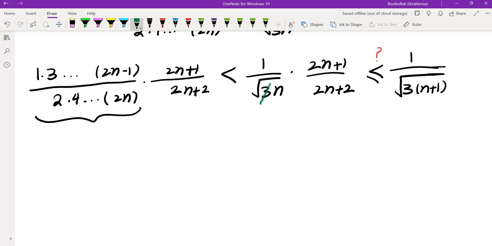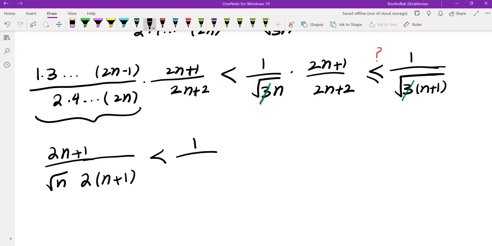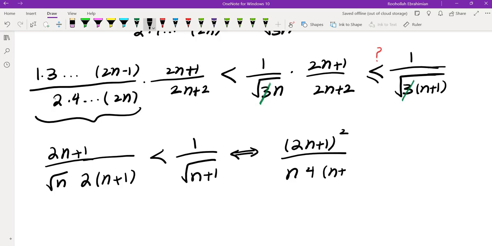So we're going to simplify root 3, and we are going to rewrite this inequality as (2n plus 1) over (root n times 2 times (n plus 1)) less than 1 over root (n plus 1). We are going to square both sides, so we get (2n plus 1) squared over (n times 4 times (n plus 1) squared) is less than 1 over (n plus 1).